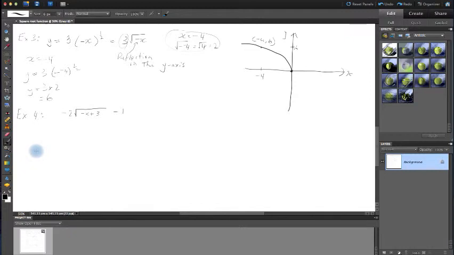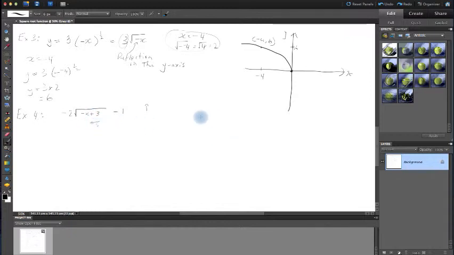Now in this example, I'm going to purposefully make a mistake, a common mistake, and then I'm going to show you what we have to do properly so that we don't make that mistake ourselves. Okay, so it appears as though we've got a translation up 1, and we've got a +3 there, so it appears as though we've got a translation to the left 3.